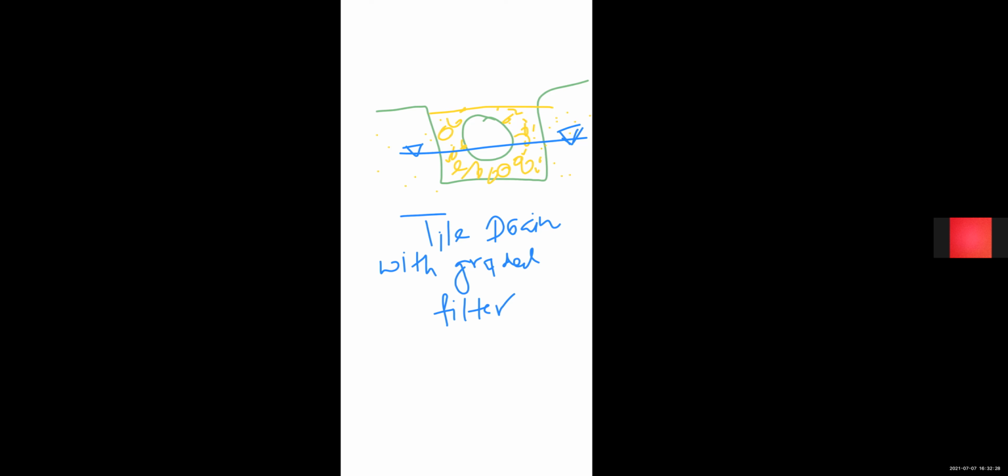So we can also see this system by diagram. This is the water table level.